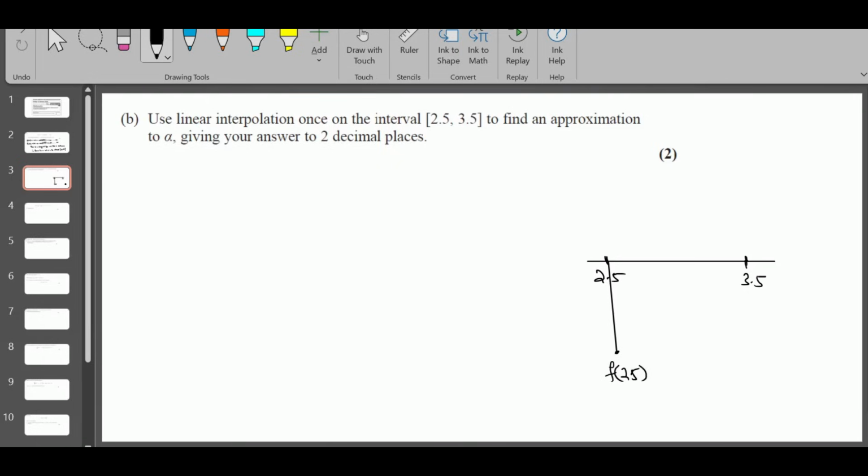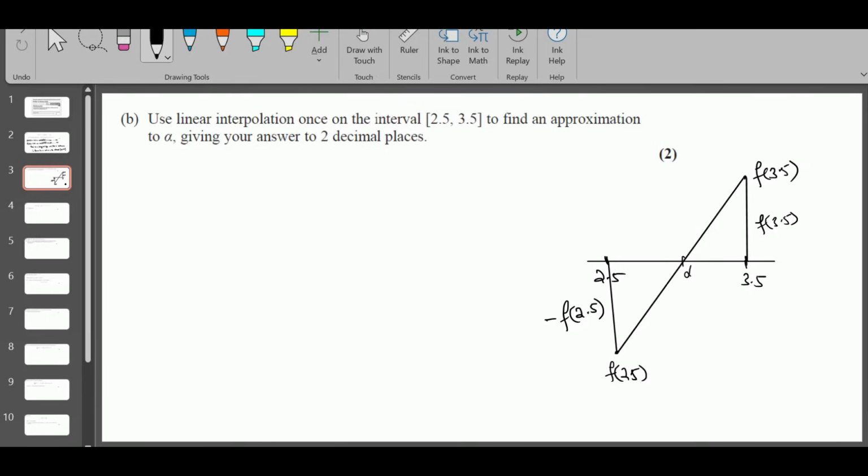Since it's a negative number, but the length of this line has to be positive, so I'm going to put another negative sign. So negative times negative is positive, this will be the length of this line. And then here this value is positive, f of 3.5. So this length is f of 3.5, right? Draw a line here connecting these two.